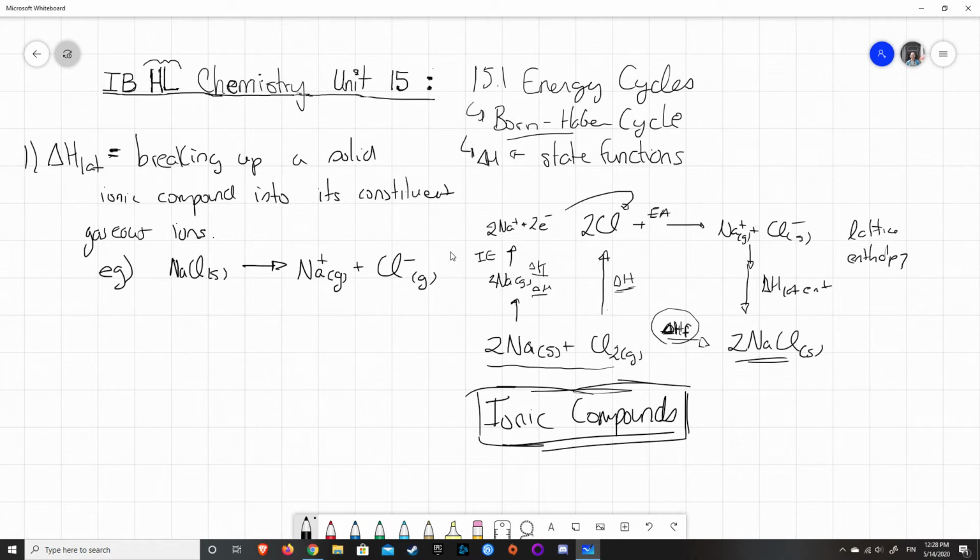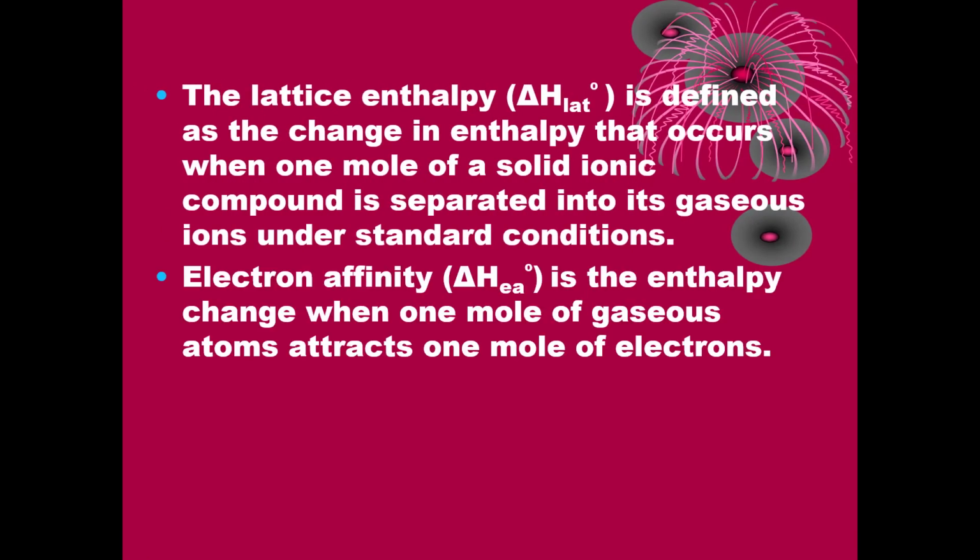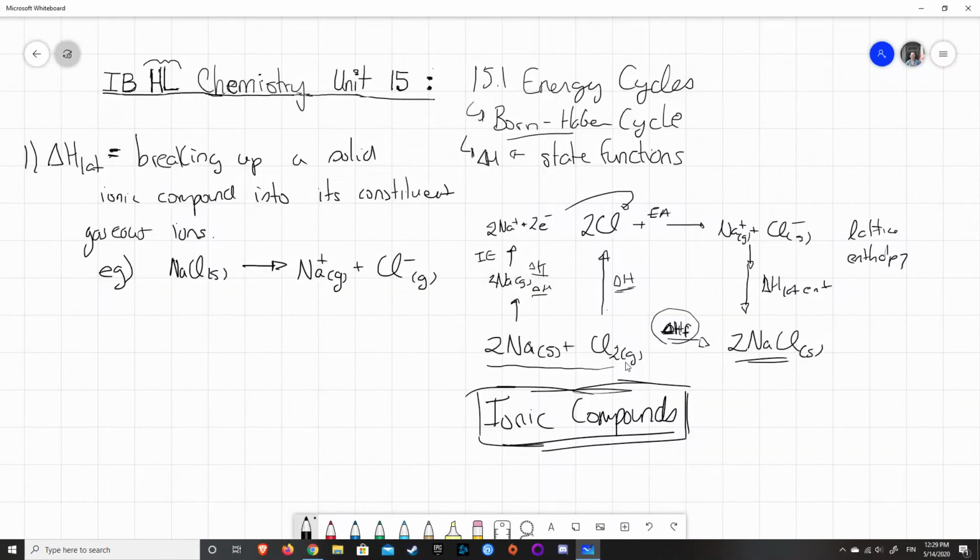Okay, so let's look at the second one that we have to cover today. Electron affinity. This is something that we covered, I believe, in Unit 2. It's basically the change in enthalpy when 1 mole of a gaseous atom attracts 1 mole of electrons. So that would be something like right here.